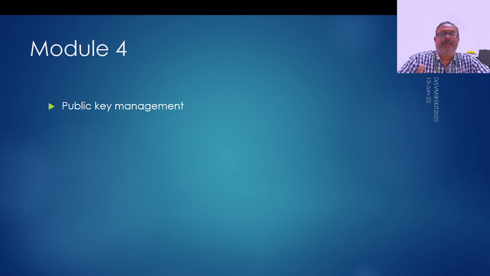So this public key is made available to all the users who are supposed to receive the data from this particular sender. Every sender will have their own private key, and every sender will send a public key to the users who are authorized to receive the data.